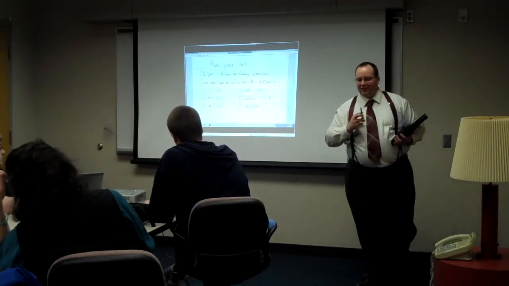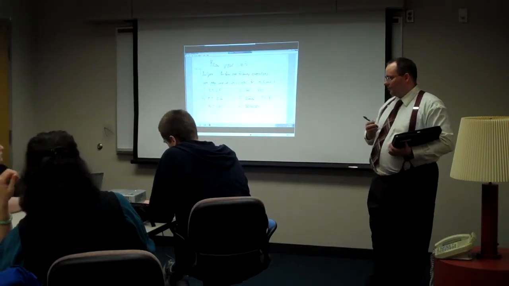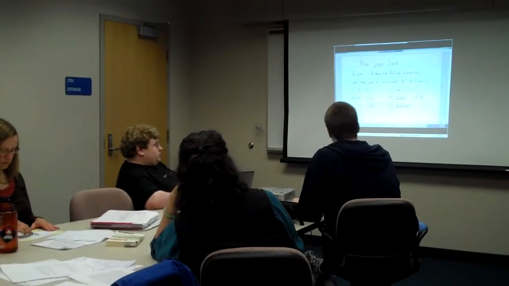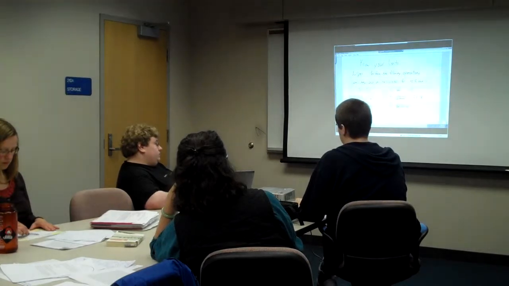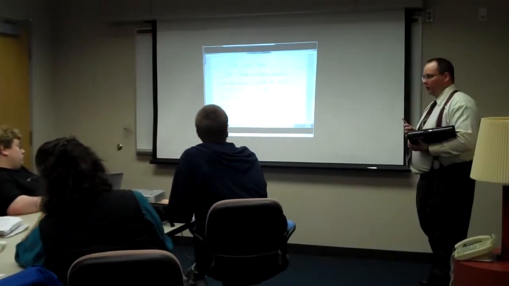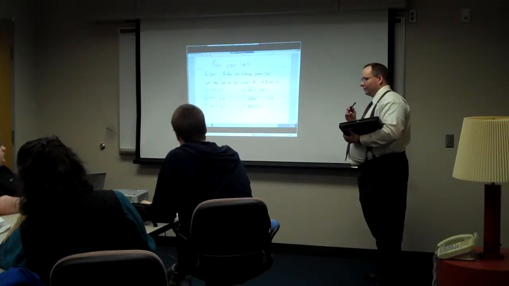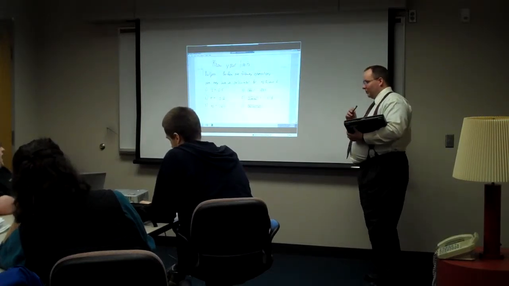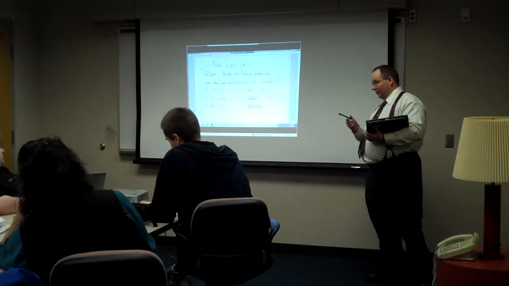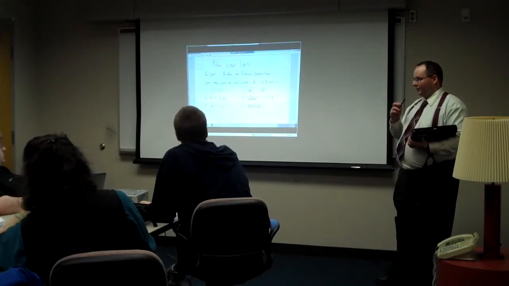Does anybody know what this means? Yes, sir. 5 and then 8 zeros after. Very close. 0.5 and then 8 zeros? Or is it 8 places? There's 8 places. So 7 zeros.